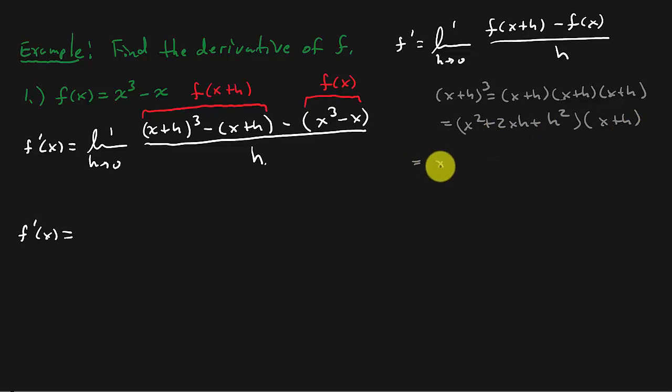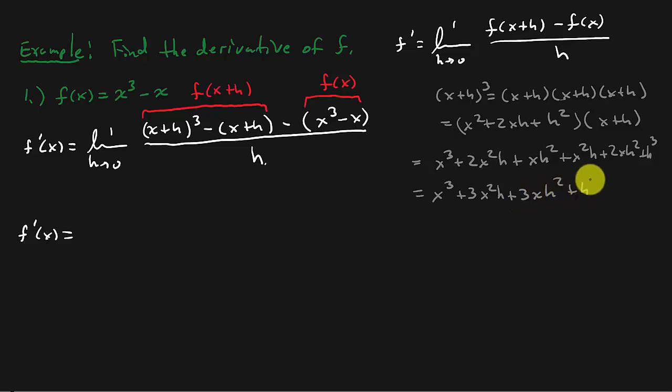That's x cubed plus 2x squared h plus xh squared plus x squared h plus 2xh squared plus h cubed. Starting to run out of room there. And that's going to be x cubed plus 3x squared h plus 3xh squared plus h cubed. So that's what just this first term is.